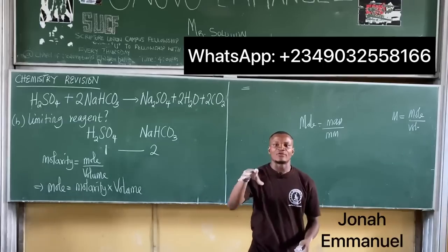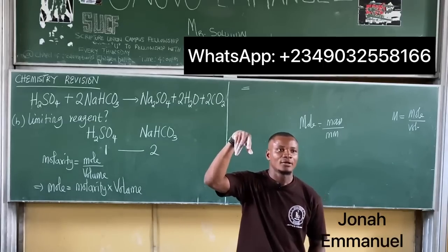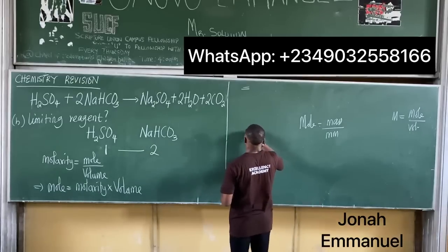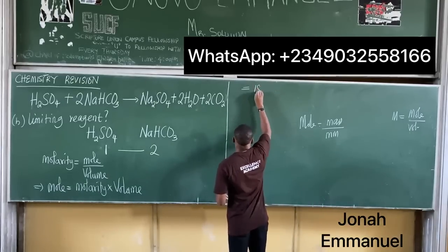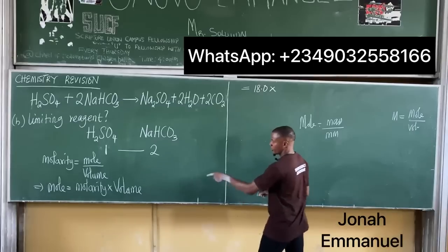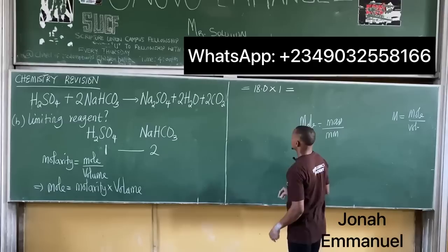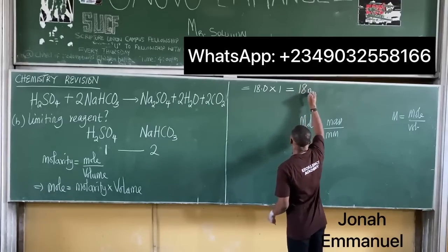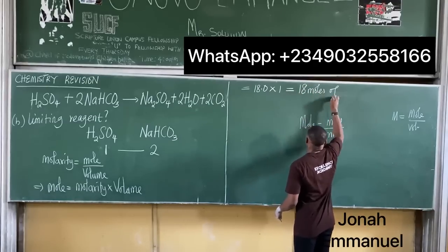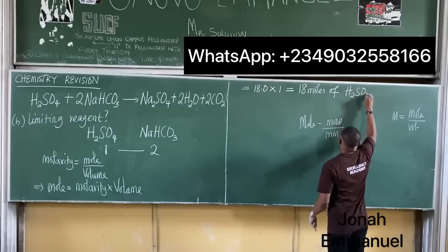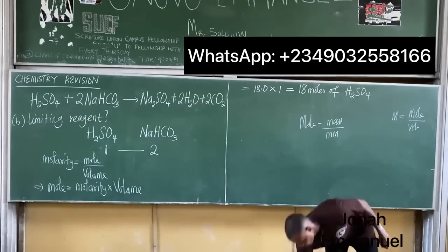Please, before you do your molarity times volume, please check. Are they in the same unit? Yes. Okay, so you can proceed. Molarity, please give me the value. 18.0 times volume 1. So what's the mole there? It becomes 18 moles of the acid, H2SO4. Keep it pending.